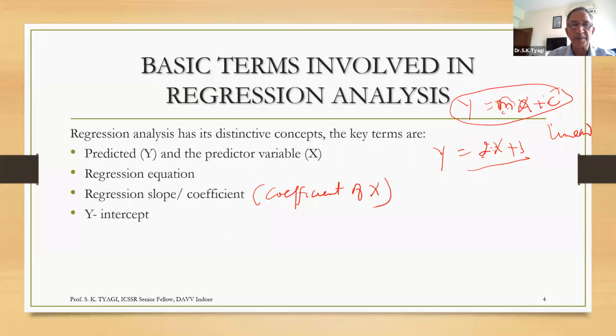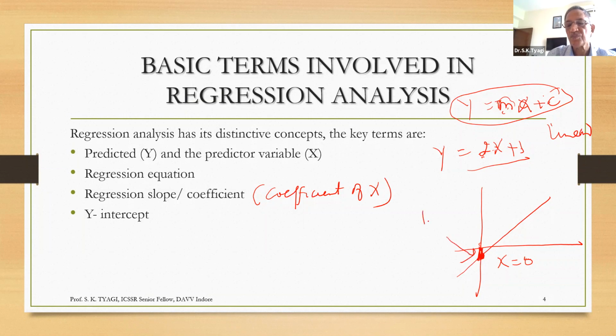Then y-intercept. Now you have a regression line in linear form. This line will cut the y-axis somewhere, suppose here. So it cuts the y-axis at this point. At this point, x is 0, and this value is known as the intercept.